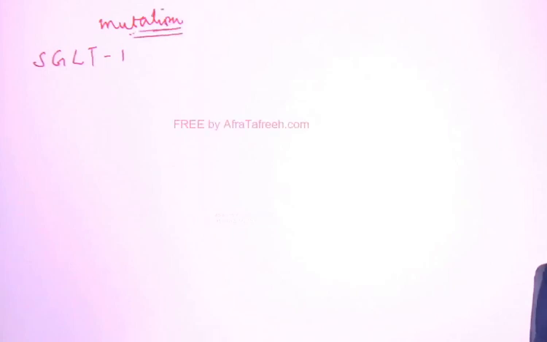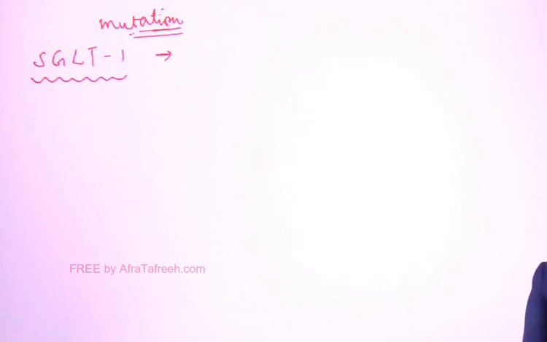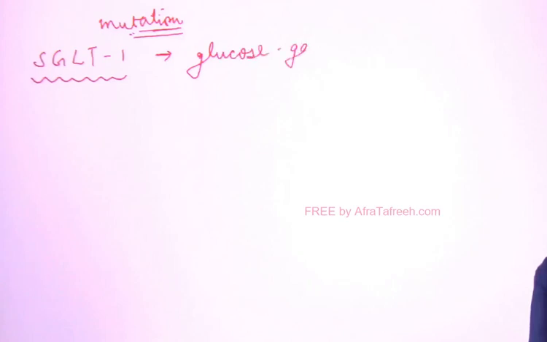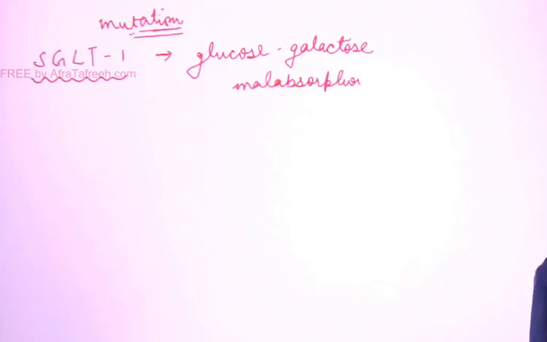Now let's see some of the mutations. If there is a mutation in SGLT1, I told you SGLT1 is for the transport of glucose and galactose present in both intestine and kidneys. So SGLT1 mutation will lead to glucose galactose malabsorption.